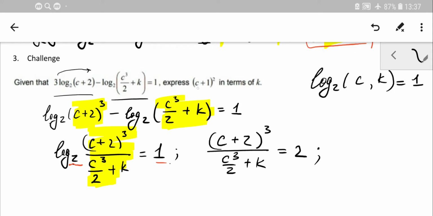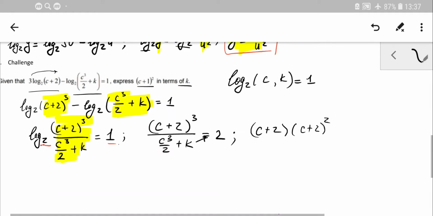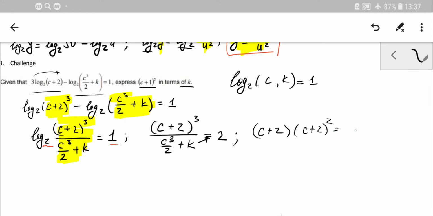Our final goal is to express c plus 1 squared in terms of k. So now we do the crisscross multiplication and we'll get c plus 2, and instead of cubed I write c plus 2 squared in order to expand the brackets. On the right hand side, we'll get c cubed plus 2k.